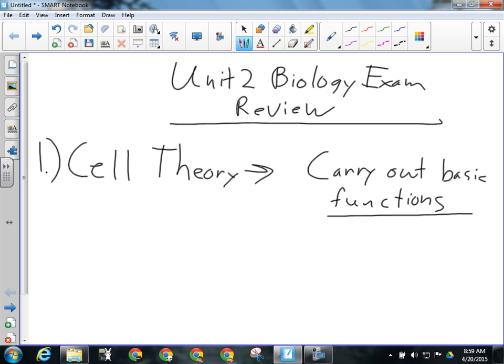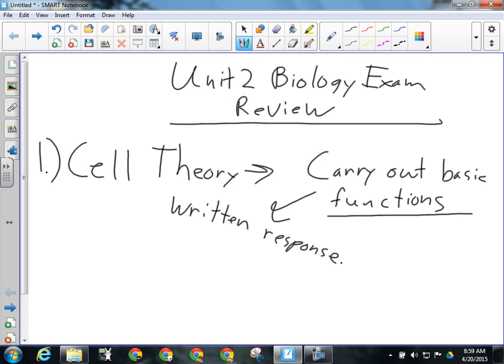Quite a few, right? We talked about it in the cell anatomy lab. We talked about it in the cell size lab with the cubes, where we talked about cellular transport, things like that. So certainly the job of the cell to carry out the basic functions of the organism is probably the most important part of the cell theory, and you're probably going to need to work it into several written response items, right?